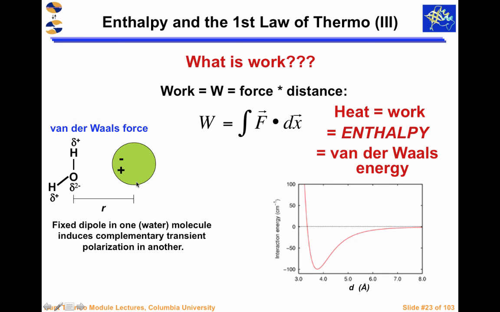This is a kind of van der Waals force. It is a stronger kind of van der Waals force. So when you have a fixed dipole as in a water molecule that's participating in a van der Waals interaction, because this dipole is stable in time, it is more effective in inducing the compensatory charge separation in the nearby atom, and you get a stronger kind of van der Waals interaction.